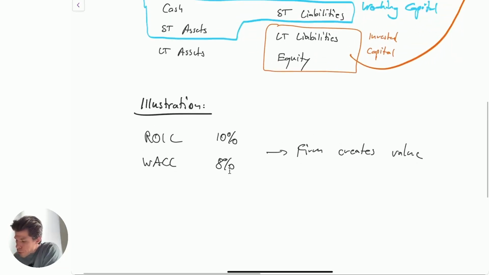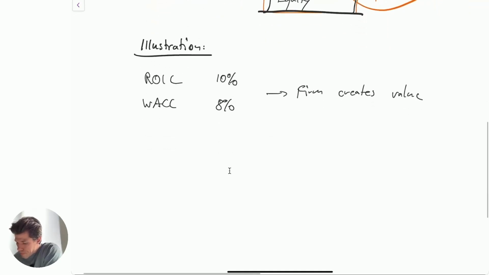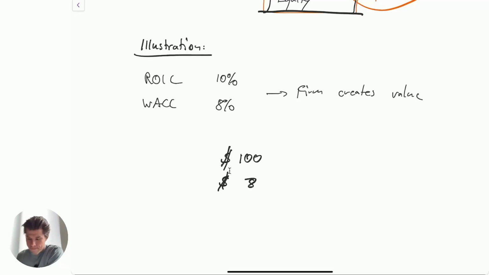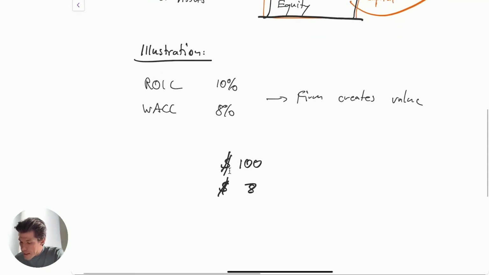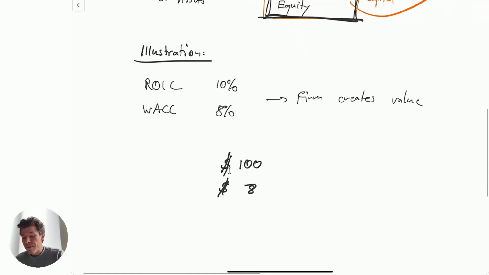If the firm goes to your capital providers and asks for $100, to get that $100 in the first place, a company has to pay $8. That's your WACC. You can also call it the hurdle rate for your investors. It's basically what the investors, the capital providers, require to give you the money.